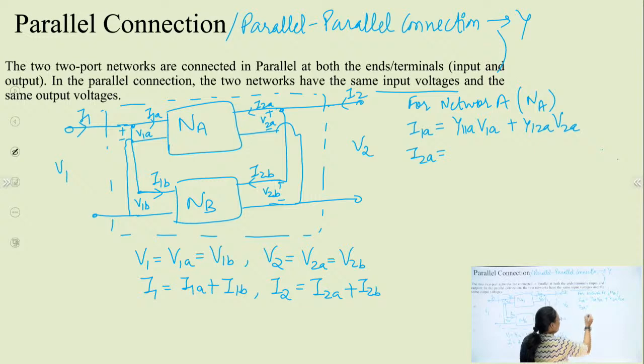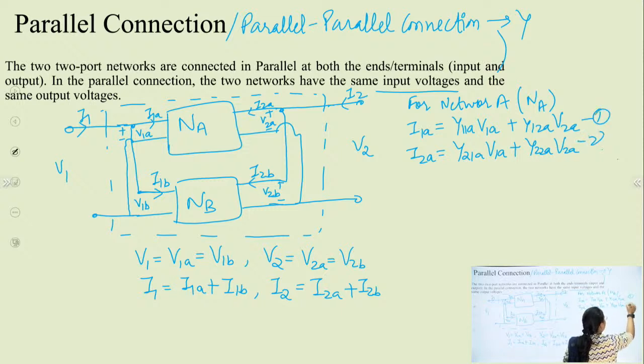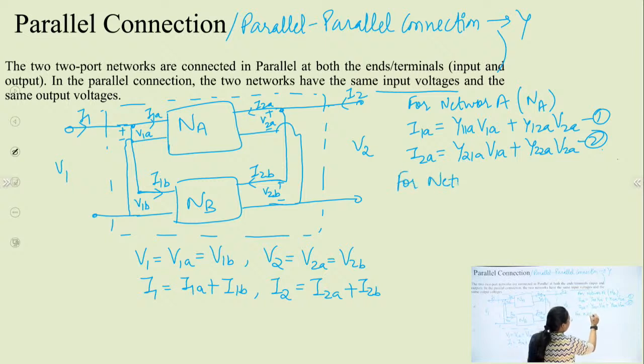And for I2A I'll write Y21A into V1A plus Y22A into V2A. These are equations number 1 and 2, we give them names. And for network B, similarly I'll write the same equations with the suffix B only, okay.